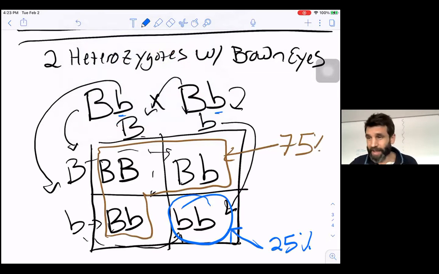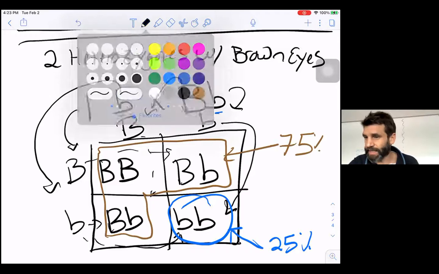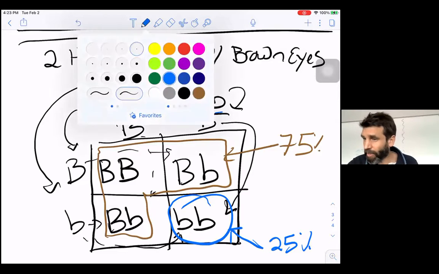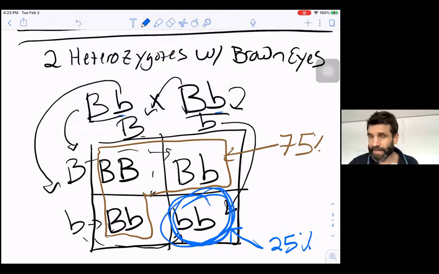It's possible that this couple here, oops, I shouldn't make a blue there. Oops. It's possible that this couple here could have 10 kids, and they all could have blue eyes. It's possible. It's only a 25% chance each time. So it's really unlikely that that would happen, but it's possible.